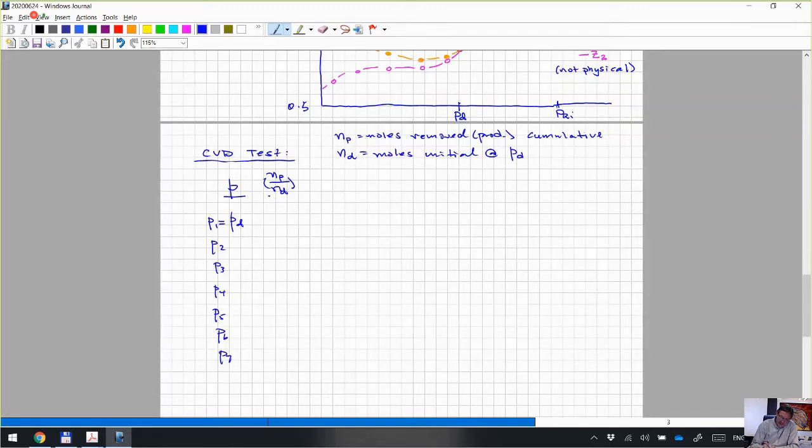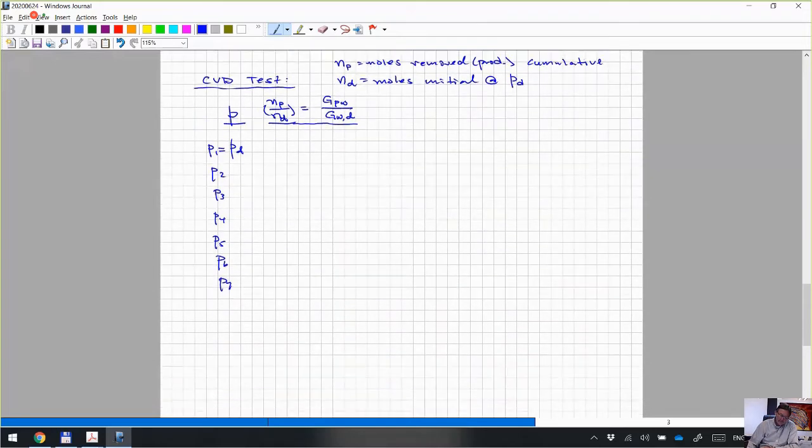Now this is actually equivalent to GP wet gas over initial wet gas in place at the dew point. So they give you that.